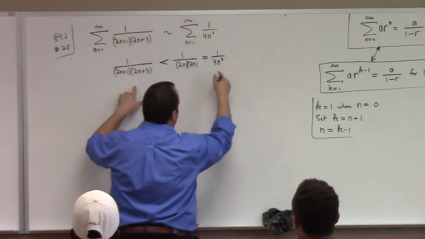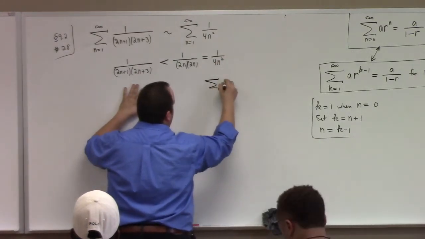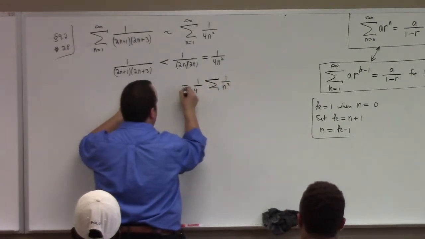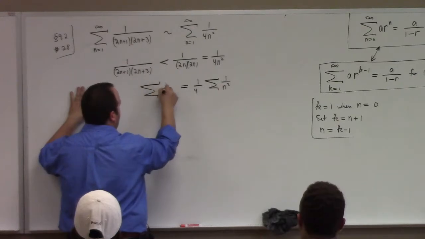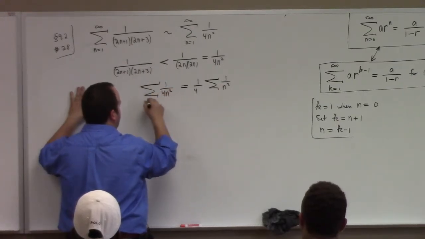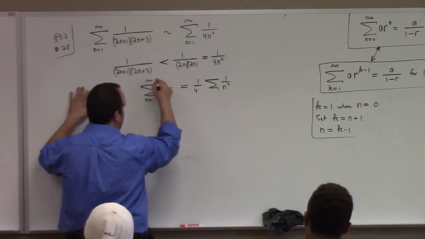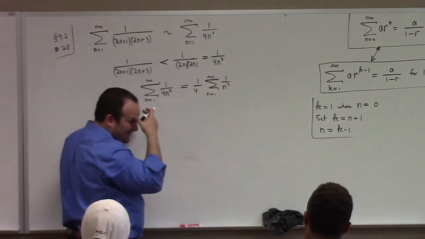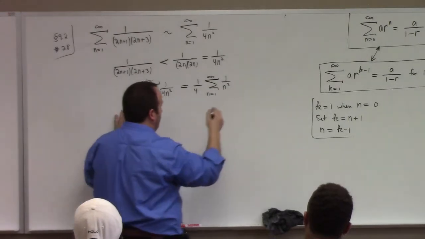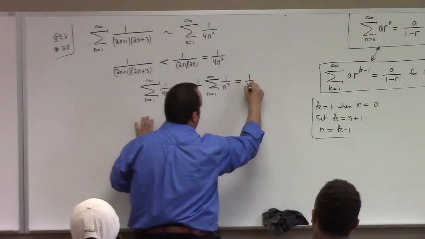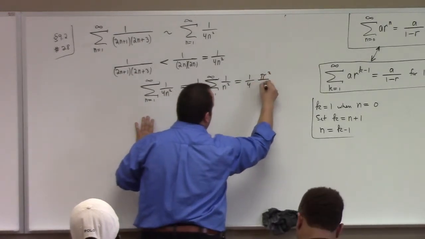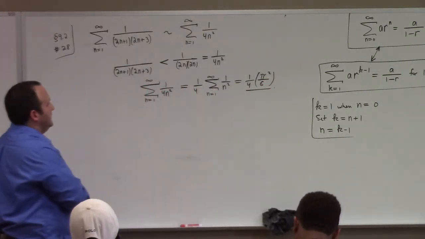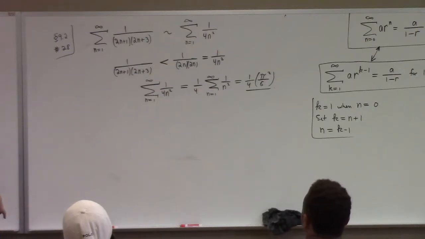So we know that the series of 1 over n squared times 1/4 is equal to the series of 1 over 4n squared. That's one of the properties of series. For convergent series, you can pull numbers out. Heck, for divergent series, you can also pull numbers out with the proper interpretation. But anyway, that's actually 1/4 pi squared over 6, since we know that by magic. So if we use direct comparison, we actually get a little bit more.